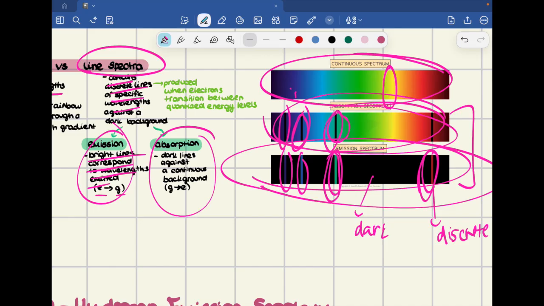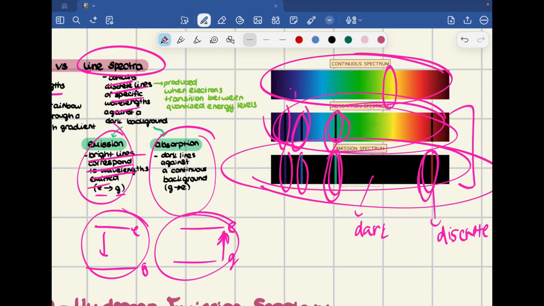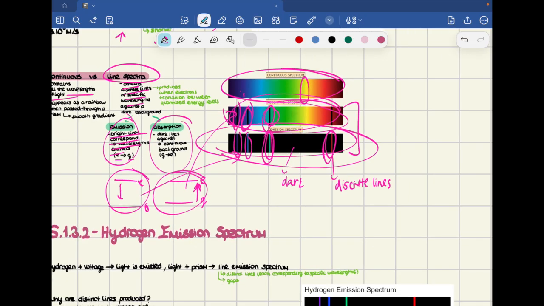So if an electron falls back to the ground state, an emission spectrum will be produced. But if electrons move from the ground state to the excited state, if it gets excited, an absorption spectrum is produced. So these are the differences between the three types of spectra.